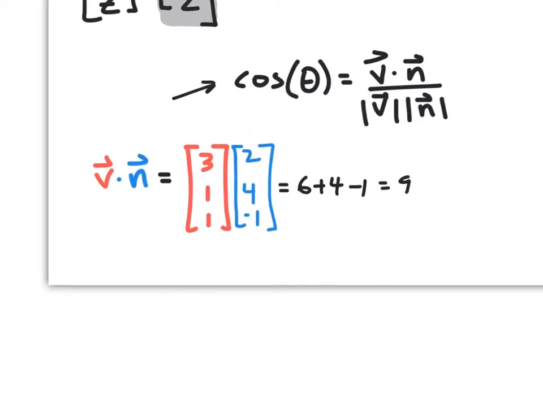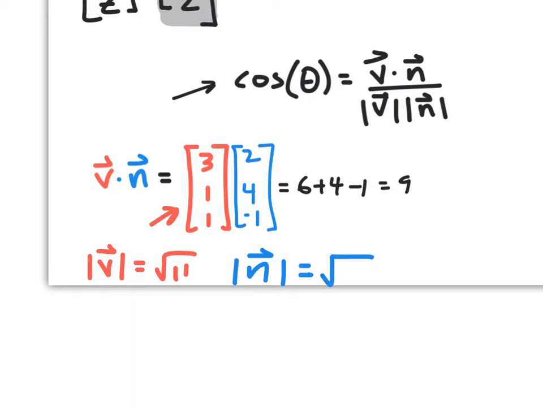Now let's find the magnitude of each. The magnitude of v, if I look above here, would be the square root of 11. And the magnitude of n, our normal vector, would be the square root of 4 plus 16 plus 1, that's 21.